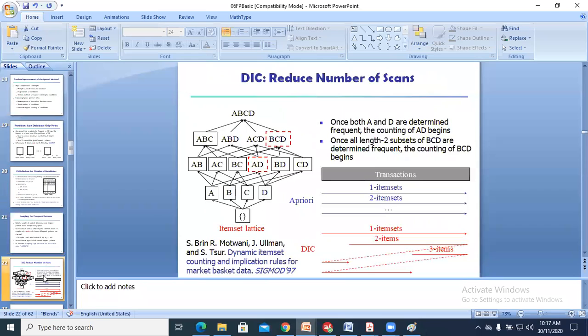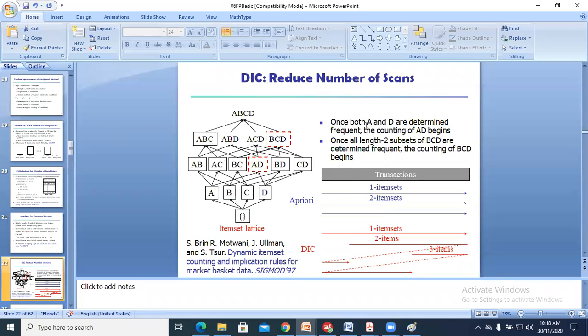So now we have the direct item count method. I give you two examples of this method. For example, this is the item set lattice, and we have all the possible item combinations here.